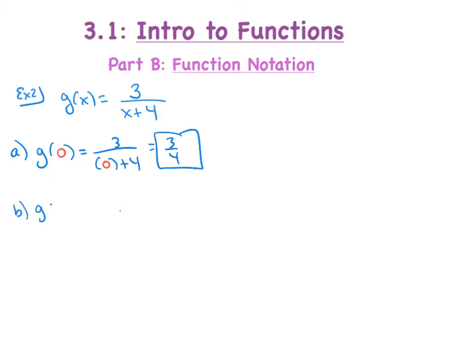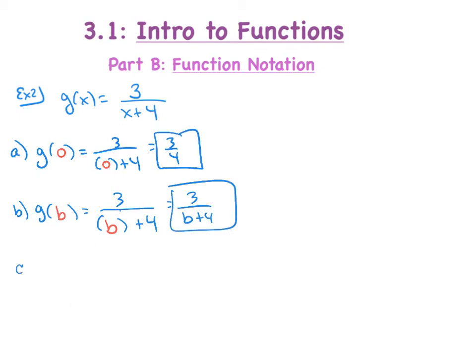Let's do g of b. So everywhere I see an x, I'm going to replace it with parentheses. 3 over x plus 4 would be 3 over parentheses plus 4, and into those parentheses goes b. Oh, no simplifying at all. 3 over b plus 4.